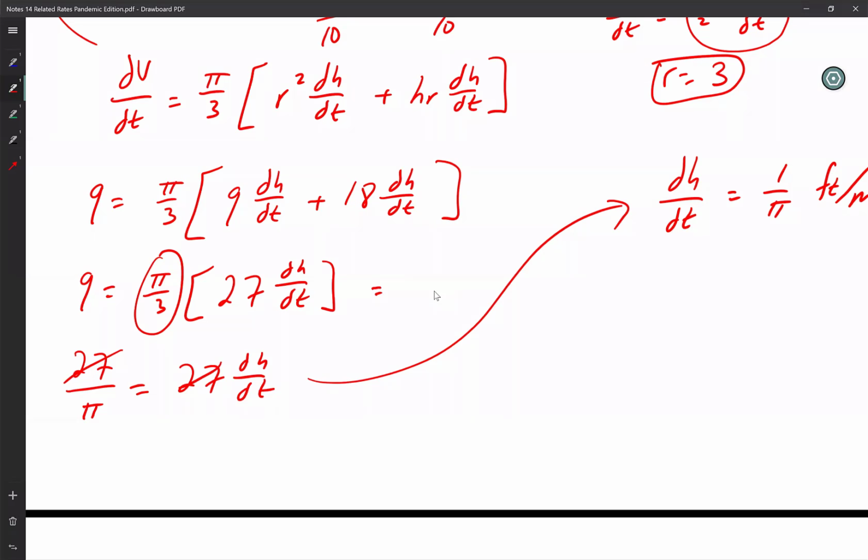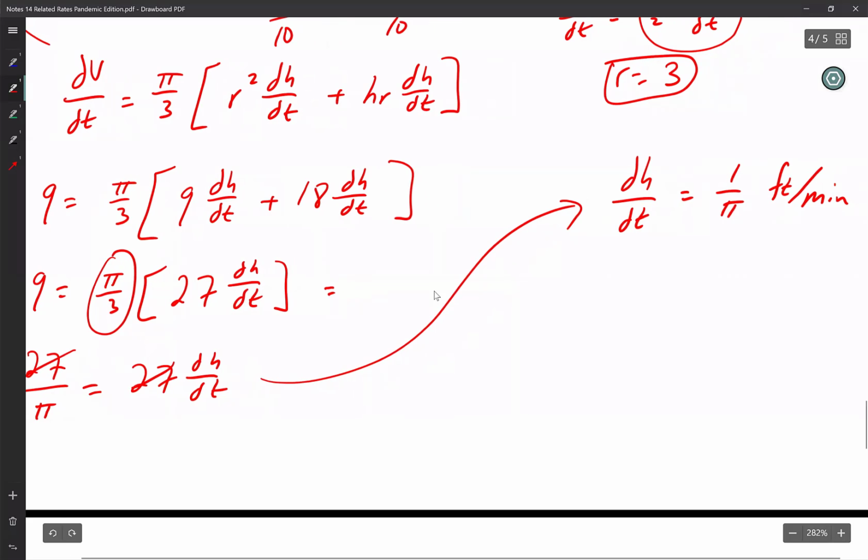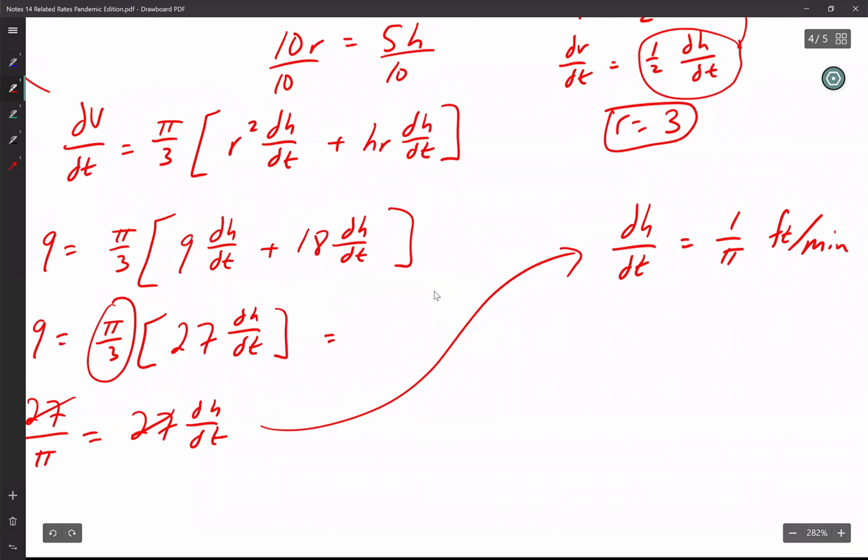And then I'll just divide by 27, the 27s cancel out. And we got 1 over pi feet per minute, not 1 foot per minute. Excuse me.